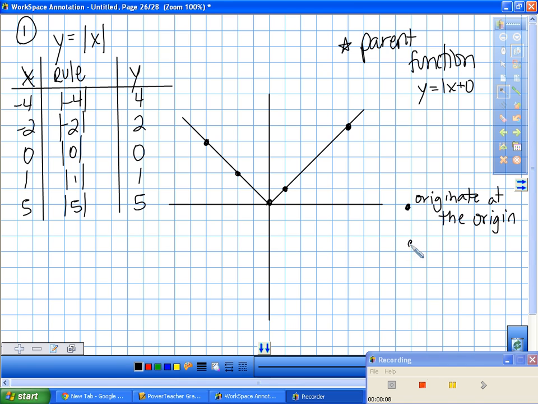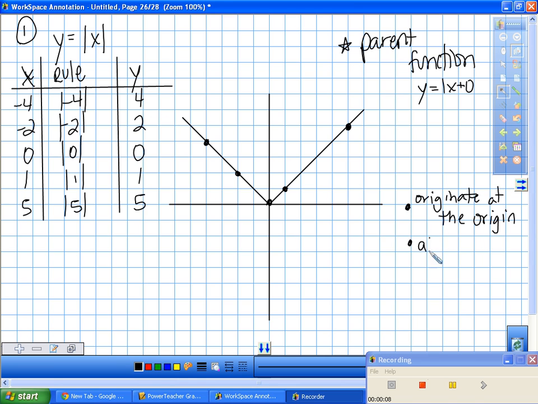Right? It also is completely positive. There's no way we can get a negative value for our output, because if we're continuing to take absolute values, we're never going to get a negative value. So that's why we have all positive values and then it pops back up positive again.